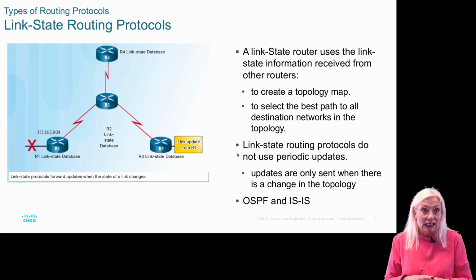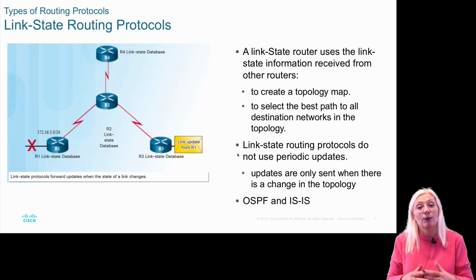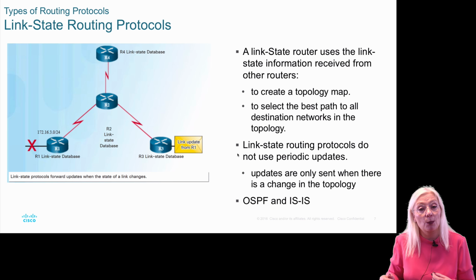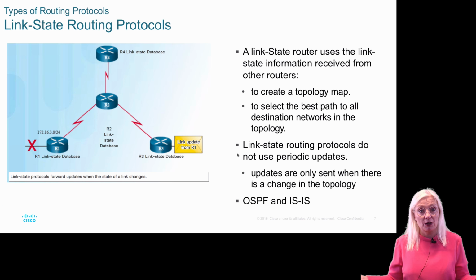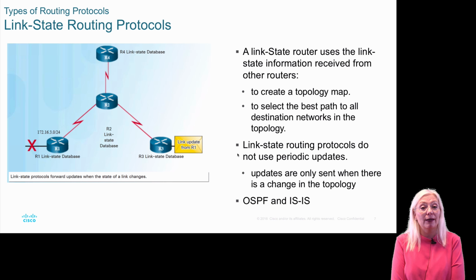Then we have the link state protocols, which are more complex. The link state protocols have a topology map of all the different routers in their network, whereas the distance vector protocols basically only know about their neighbors.